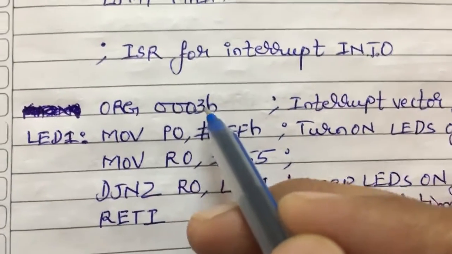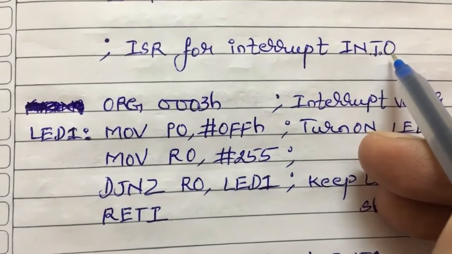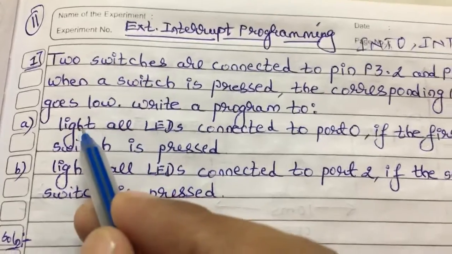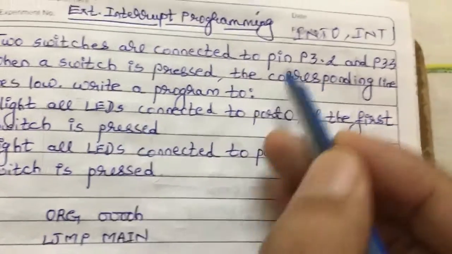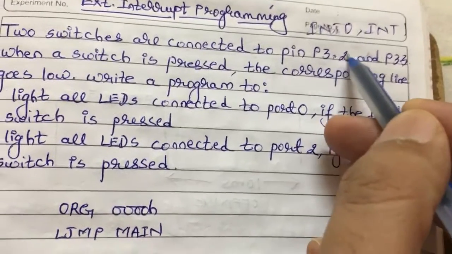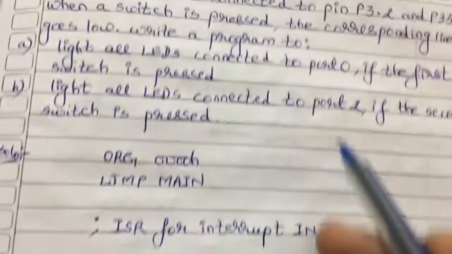For INT 0, that is pin 3.2, the question says to light all LEDs connected to port 0.